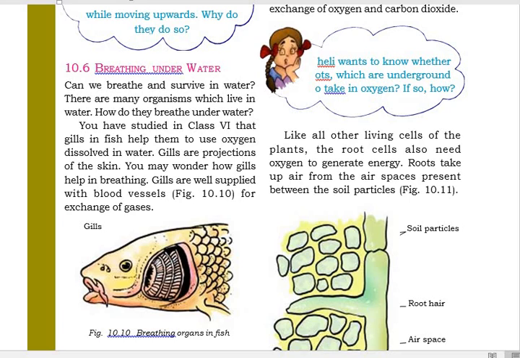So how does the fish breathe in water? When water enters through the mouth of the fish, the oxygen present in the water is absorbed by the blood vessels in the gills, and the exchange of gases takes place.